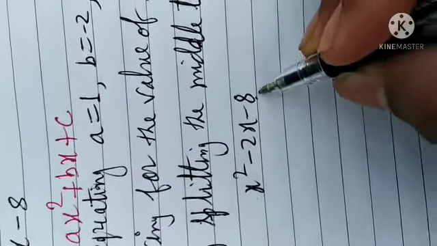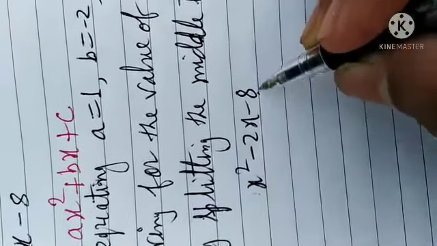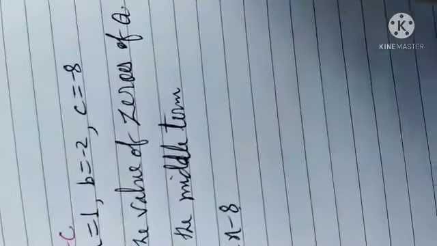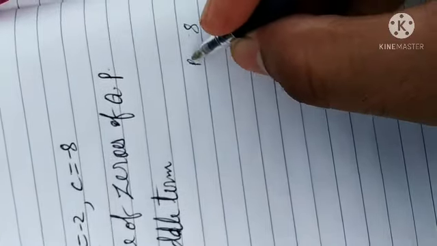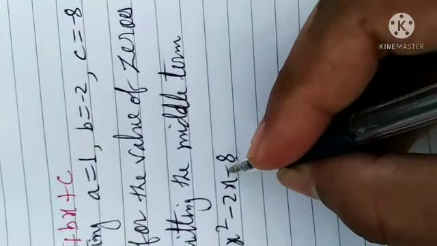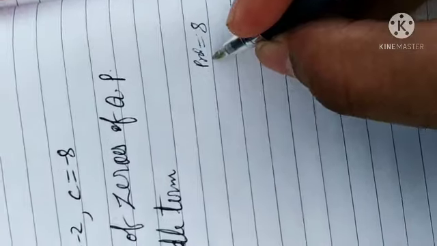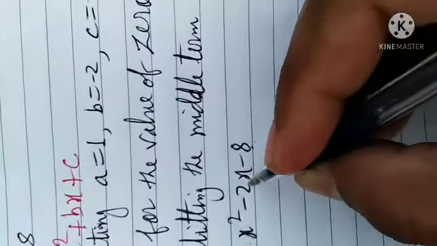Here the coefficient of the x square term is 1, and this is 8. 8 ones are 8. It means we should find two numbers whose product should be 8, and after subtraction these numbers should give 2. If you multiply both numbers, it should be 8, and after subtracting it should be 2.